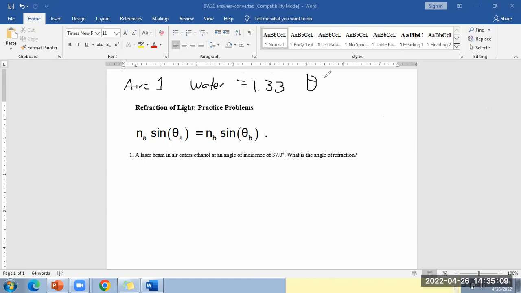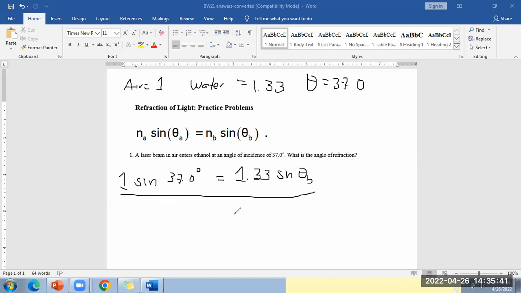Then the angle is 37.0. So we apply it: 1 sine 37.0 degrees equals 1.33 sine angle B. So we divide.